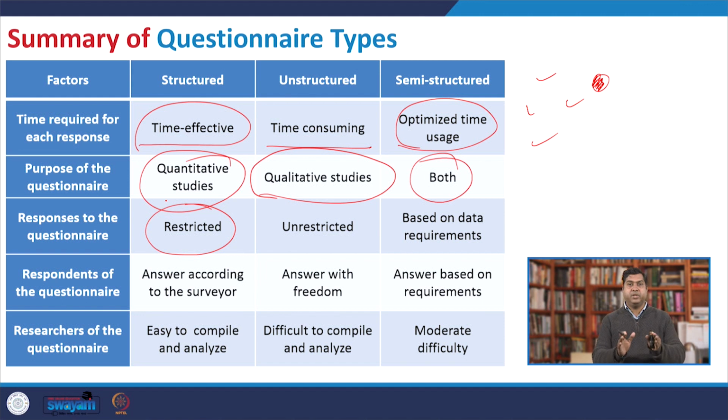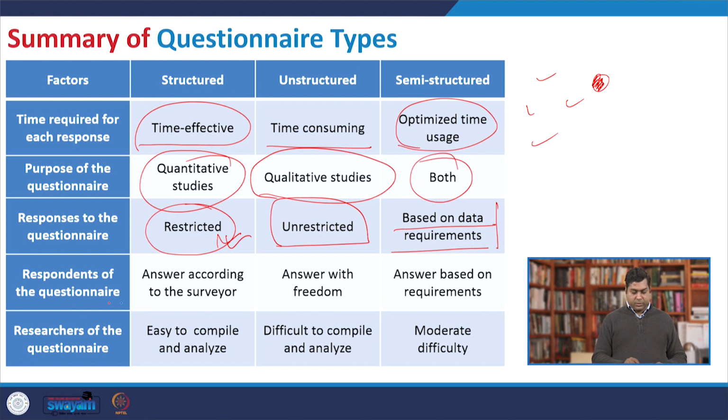You have only the predefined answers and one has to select that. For unstructured, it is unrestricted, one can express his or her view in their own ways, and it is also based on the requirement whether the percentage of open-ended will be more or close-ended will be more, that will depend on that.